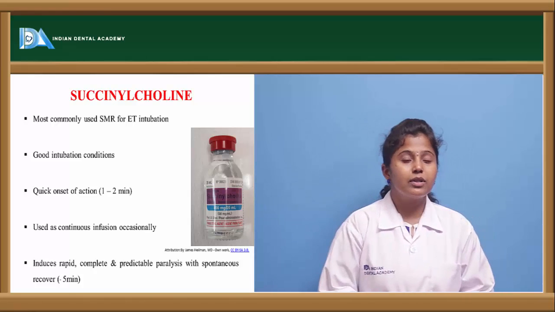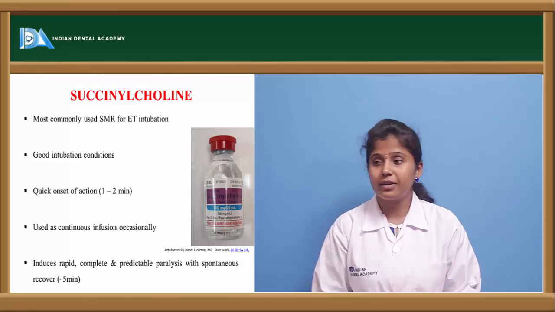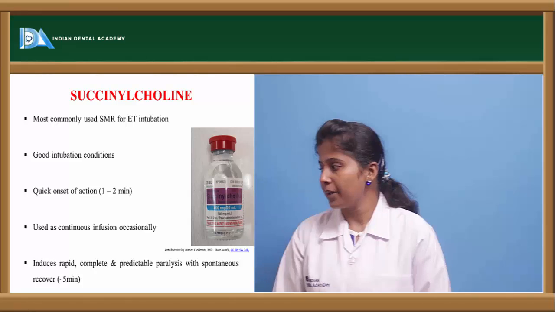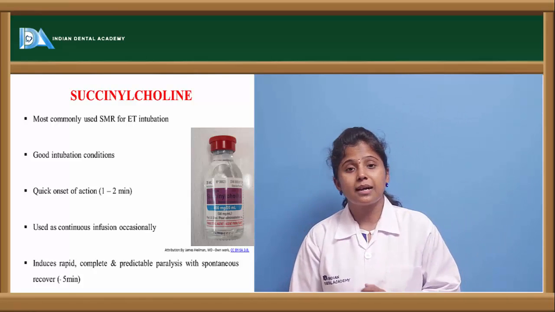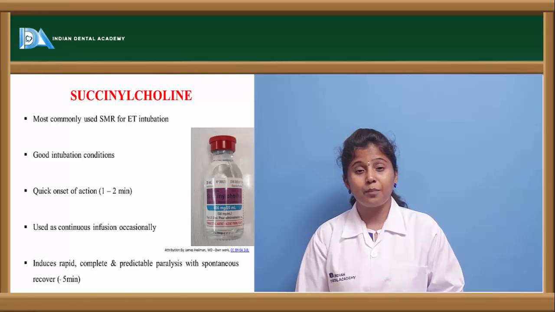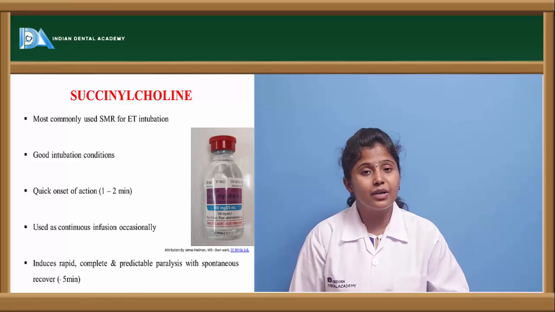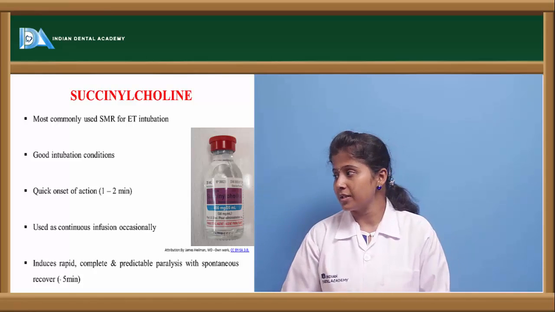It is not given directly through IV, it is given as infusion, and it induces rapid and complete paralysis with spontaneous recovery. Once it's administered, it paralyzes the skeletal muscle, and the recovery from the paralysis is also fast, about 5 minutes.